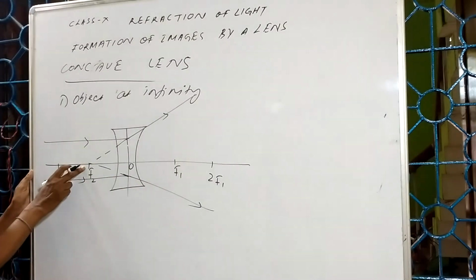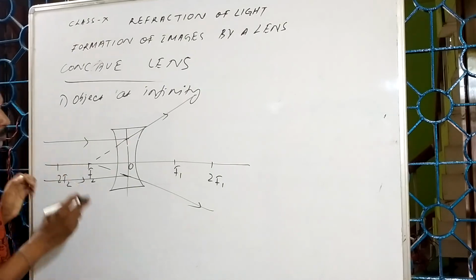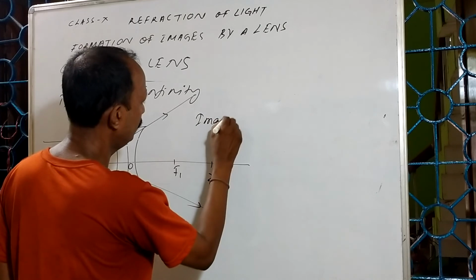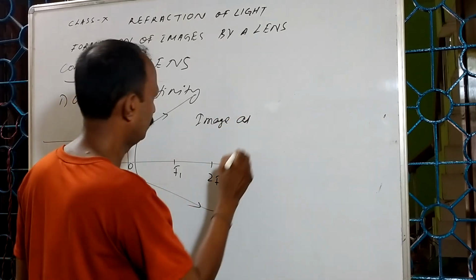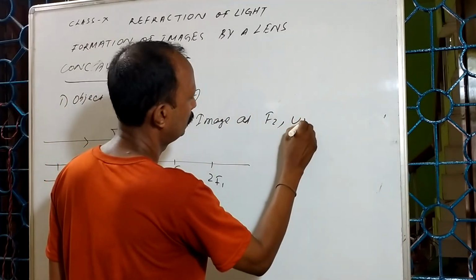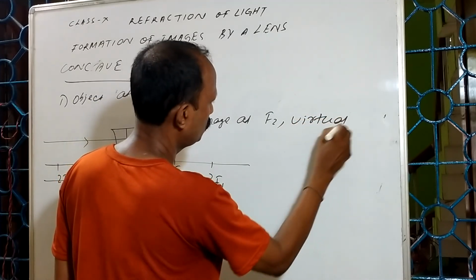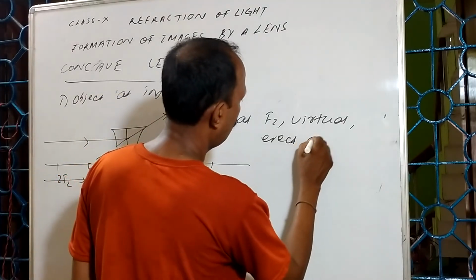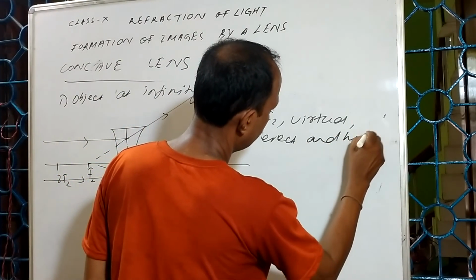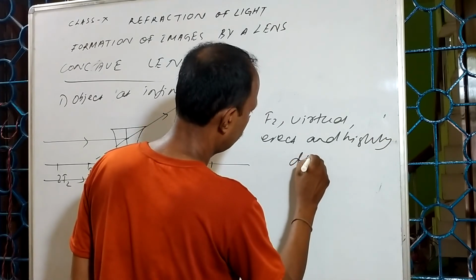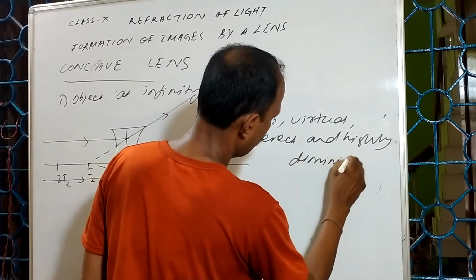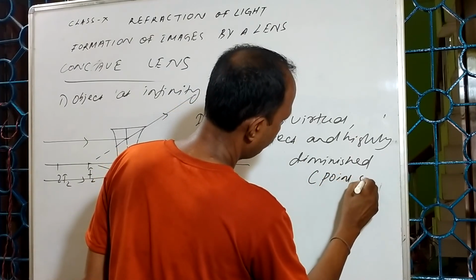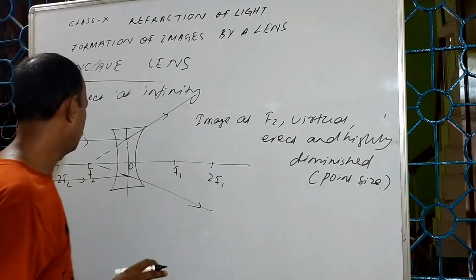So the image is formed at F2. So I can write the image at F2, virtual, erect, and highly diminished. Highly diminished means it is a point size image.